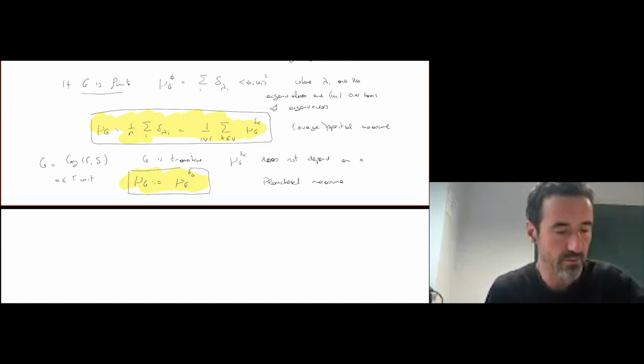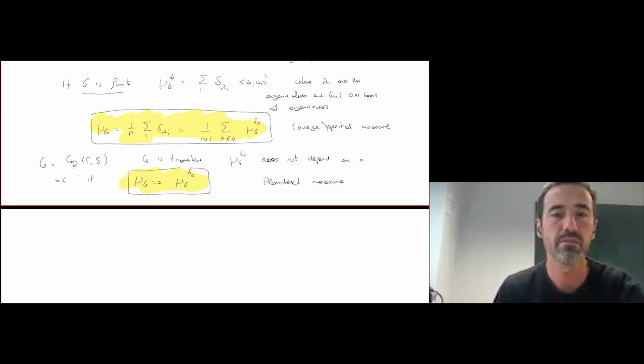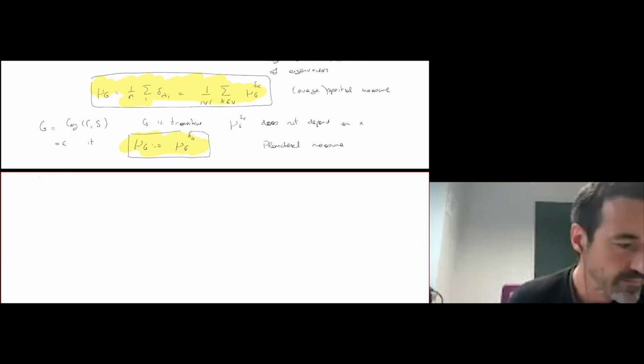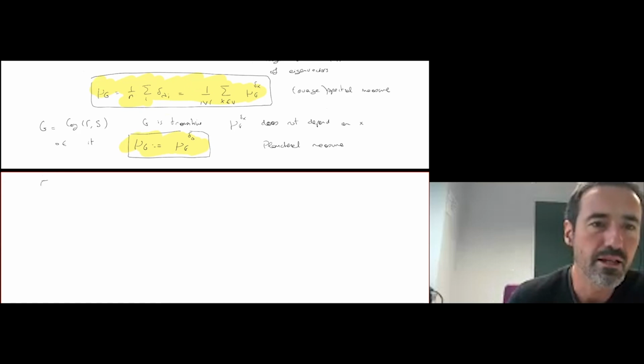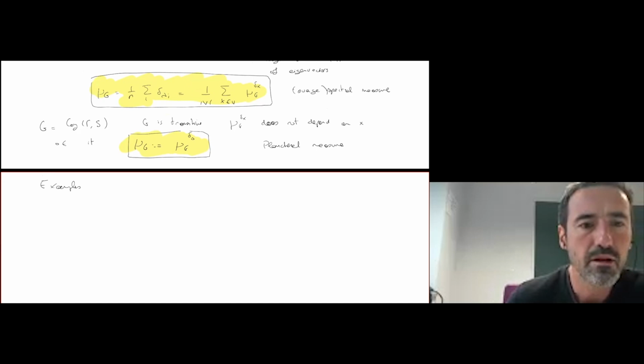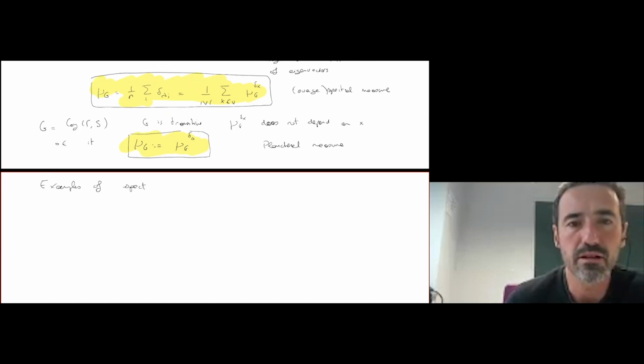Okay, so now we will do some computations of explicit expressions of spectral measures of Cayley graphs.